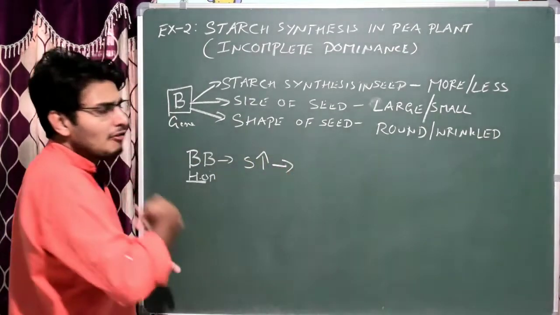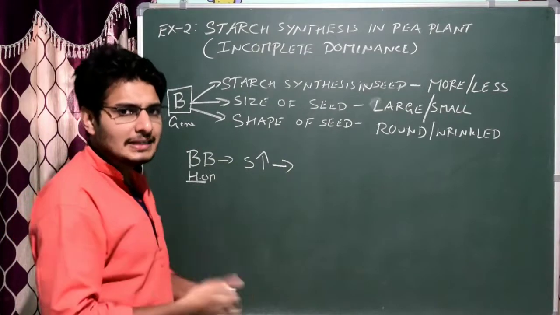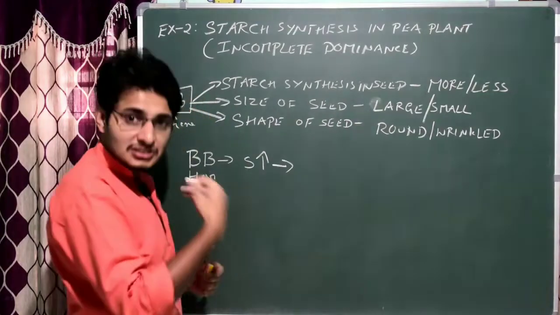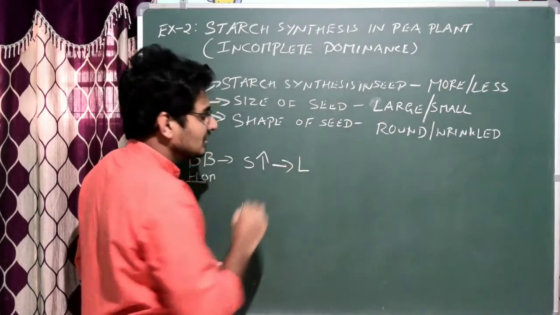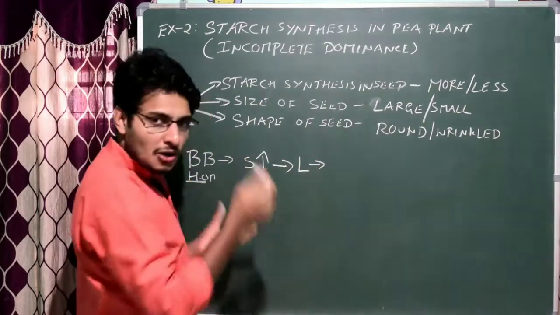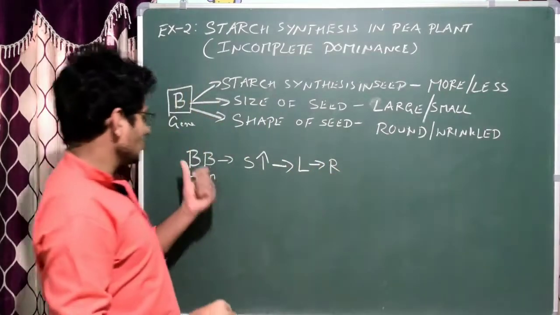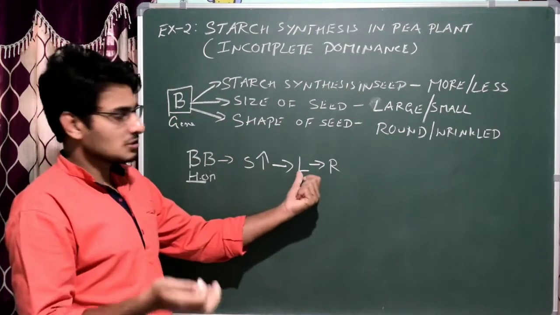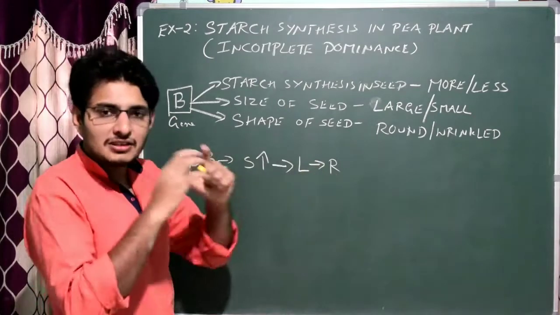As a result of increased starch synthesis, the mass increases, which obviously increases the seed size also, so it results in large seeds, and the shape becomes round. So homozygous BB results in increased starch synthesis, and obviously large seeds will be produced and the seeds will have a round shape.